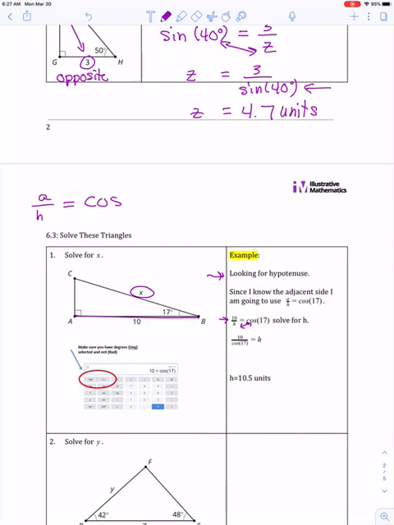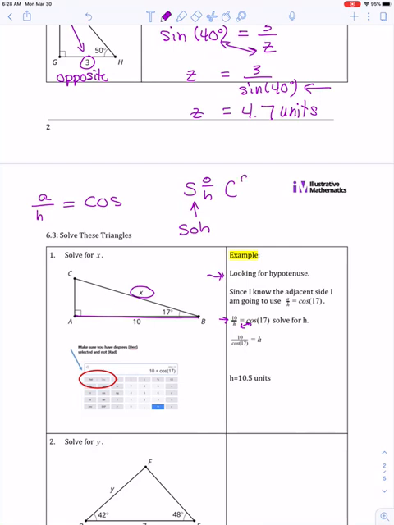Okay, and if you did the live video with me on that Friday, I gave you a thing, it's called SOHCAHTOA. And what that means is to help you with your trig functions here. But here's how you want to write it out.